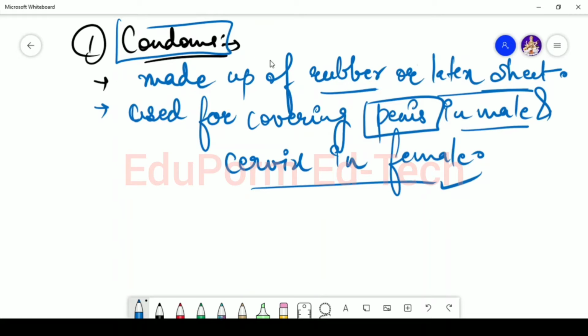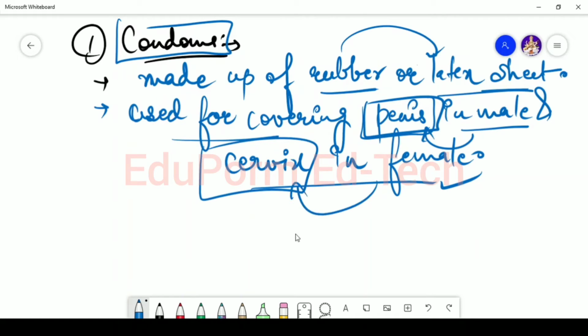Okay, so these condoms are made up of rubber or latex sheets used for covering penis in case of male and cervix in case of female.